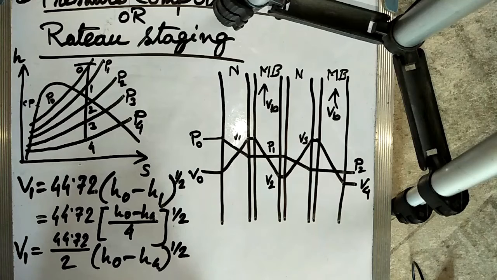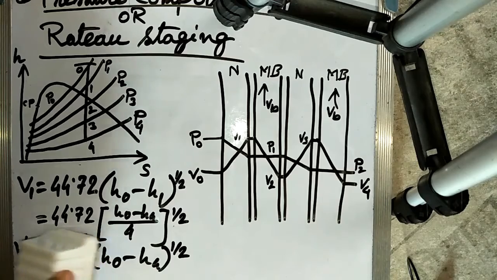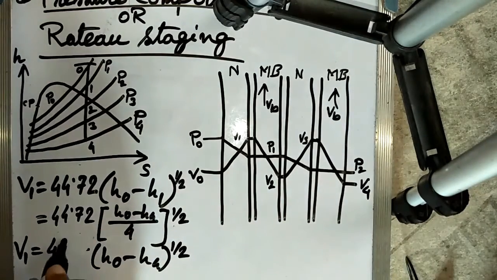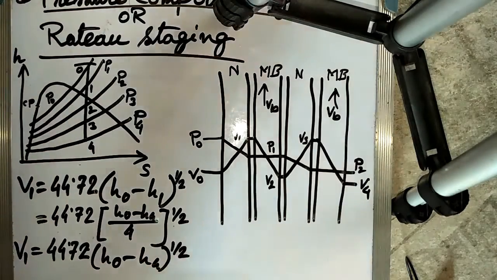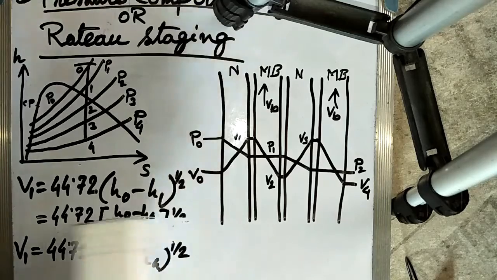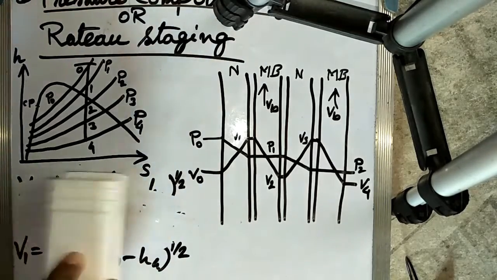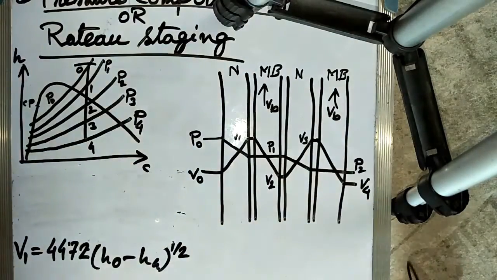And for a single stage turbine, the jet velocity V1 would have been equal to 44.72 into (H0 minus H4) to the power half.